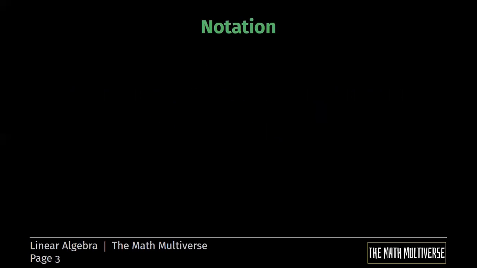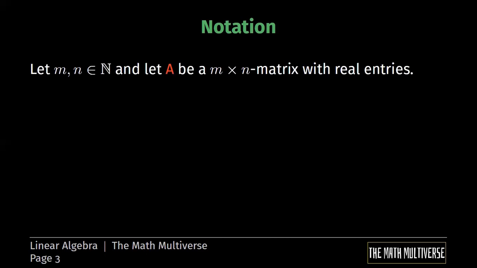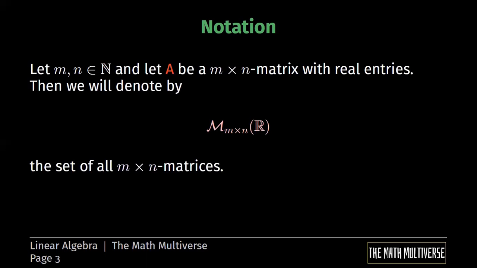Before we go on with the definition, let me fix just a couple of notations that will be useful not only today, but in all the rest of the chapter of linear algebra. Let's take a matrix with real entries, an m times n matrix, so not necessarily a square, as we already know.